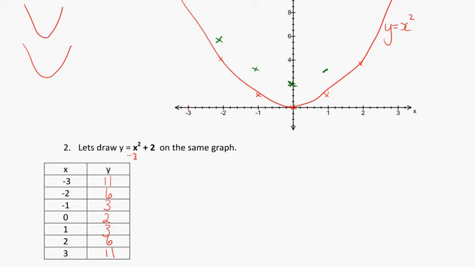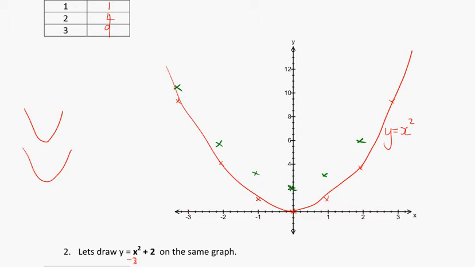Now notice I should match going along here. 2, 6, because it's symmetrical, and 3, 11. Now if I was to join that, it's a bit hard on this computer. If I was to join it up, and that is a picture of y equals x squared plus 2.